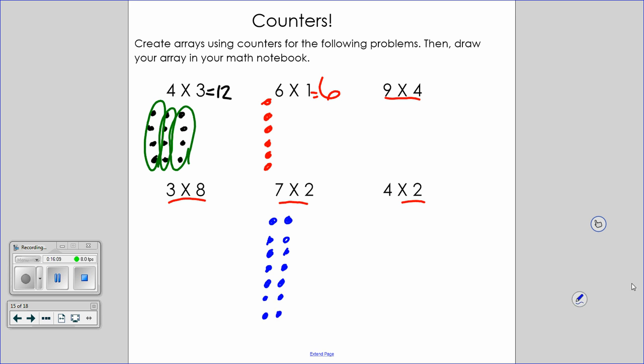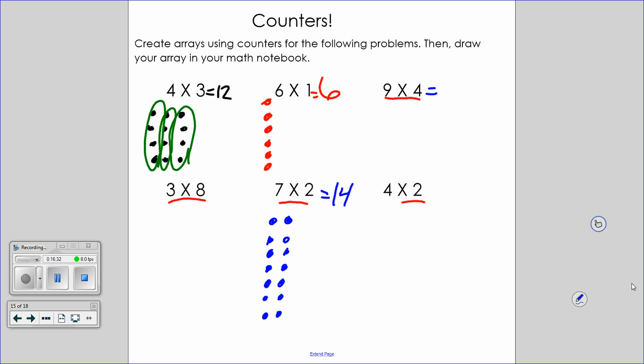Doubles. My favorite. What is the product of 7 times 2? The product? Sabrina? 14. What's the product of 9 times 4?